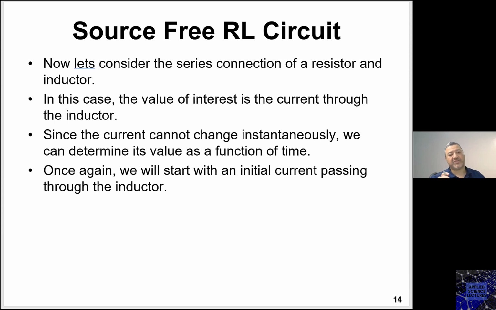The current in the inductor does not change instantaneously. So, in this case, as we will see later on, we will use IL0 minus equals IL0 plus, and this would be your initial current passing into the inductor.